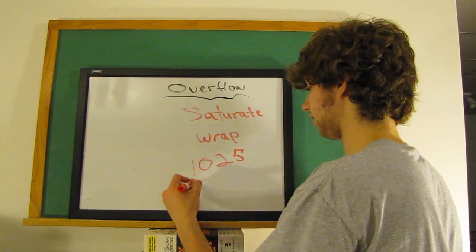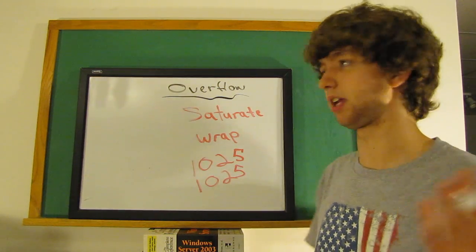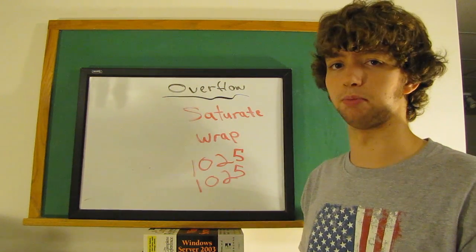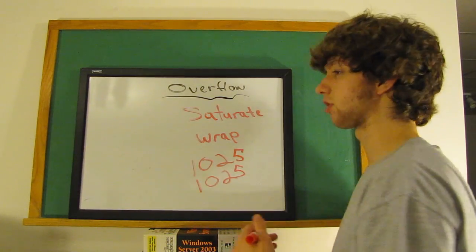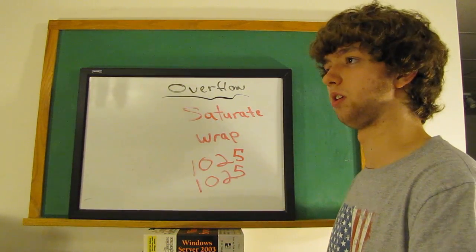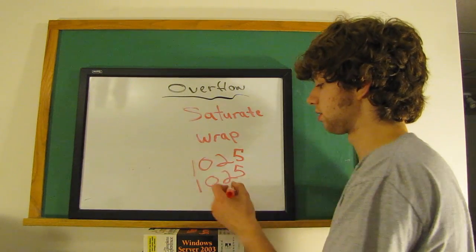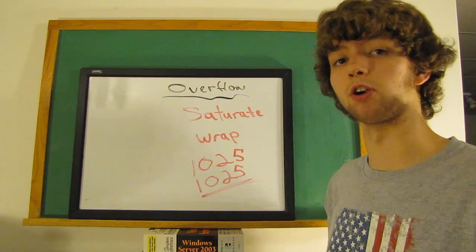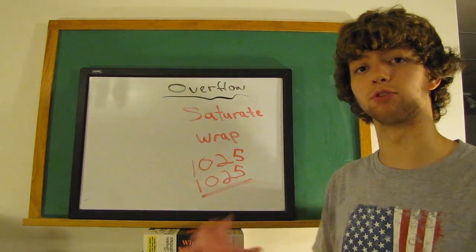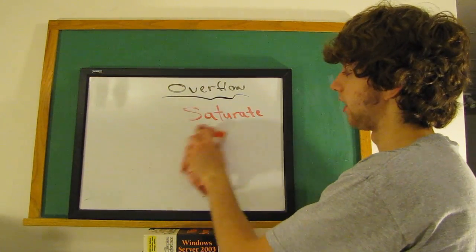Let's say we're just withdrawing money from the bank, and this is the maximum amount of money we're allowed to withdraw at one time. And we try to withdraw $1 extra, 1,026. Well, it's not going to work, and it's going to stay at 1,025. It may even throw up an error or prevent the program from continuing. You never know. Well, that's saturate.